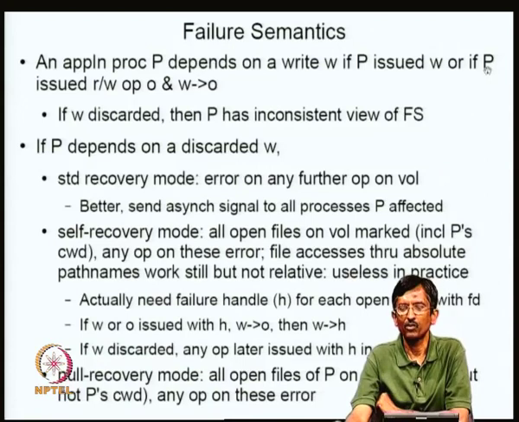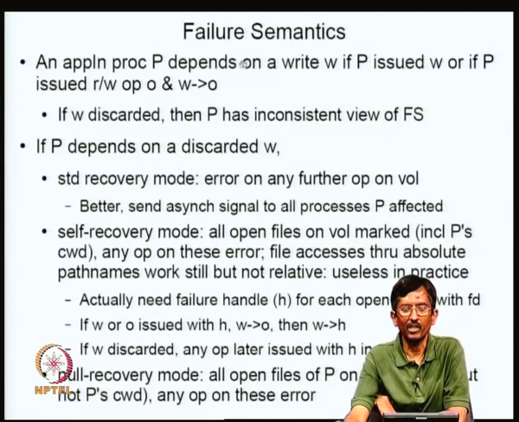Or if it so happens that P issued some operation O and this actually depends on W, that means that since it has issued this, W has been completed somehow. Okay, because this operation could actually be a read also. That means that P actually depends on the write being stable. If it is not there, then again P will have an inconsistent view of the file system. Okay.